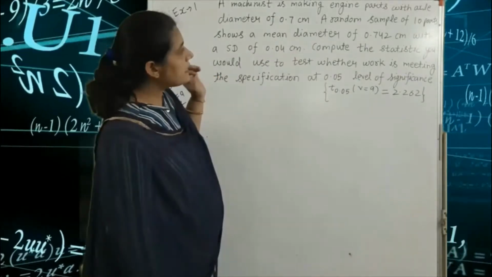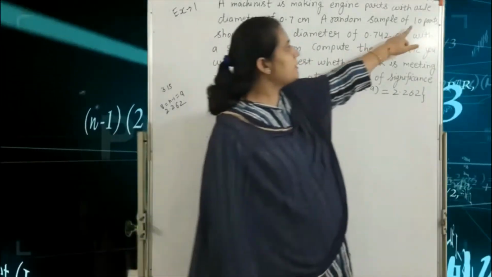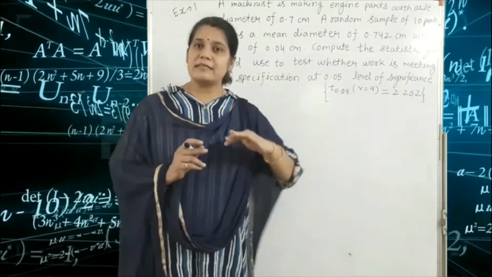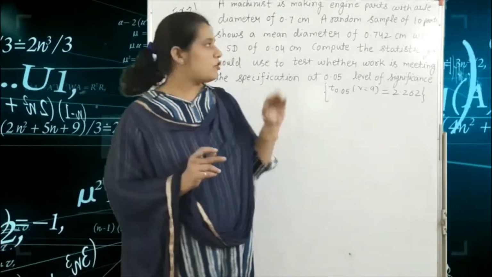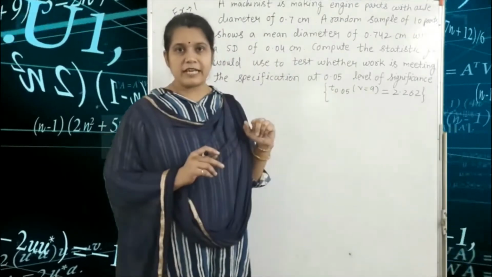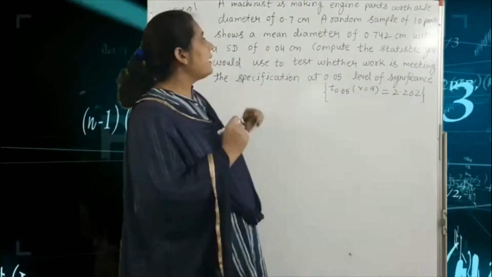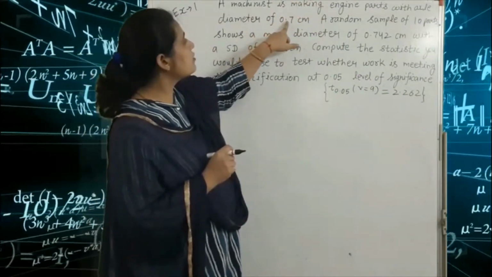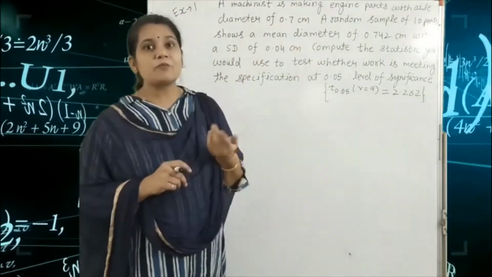So here read carefully, the random sample is 10, n is equal to 10. That means this question depends on the small sample, because n is equal to 10, that means less than 30. And in this question we are making engine parts with axle, so here mu is equal to 0.7.